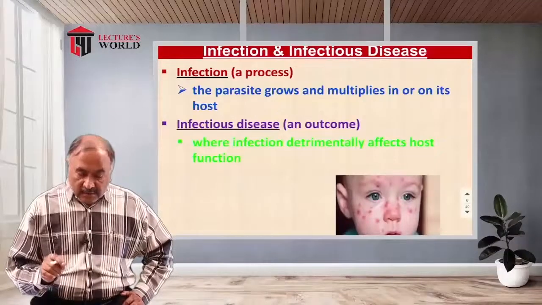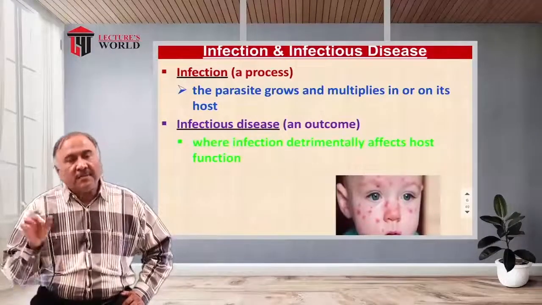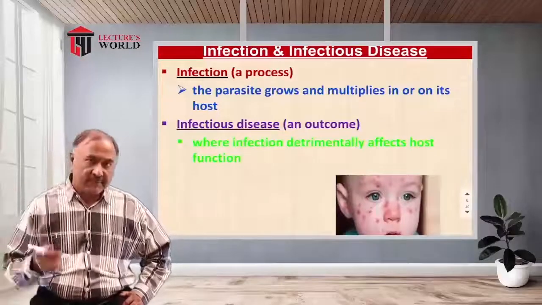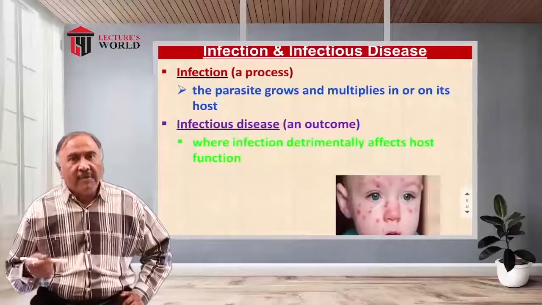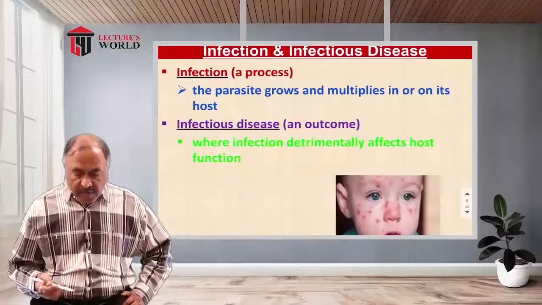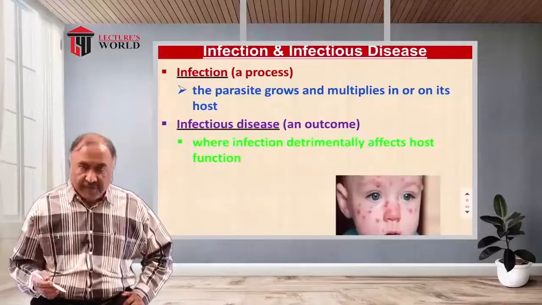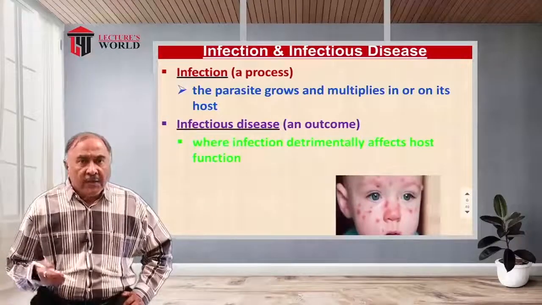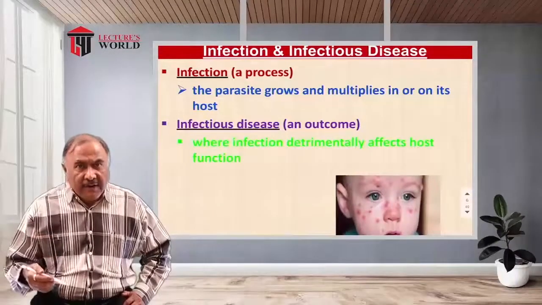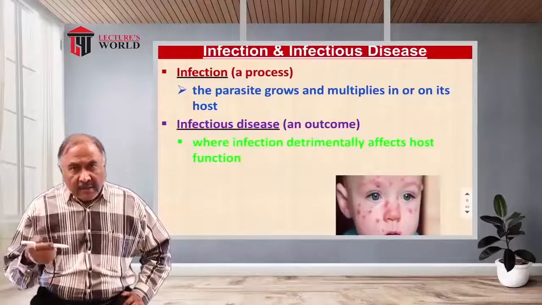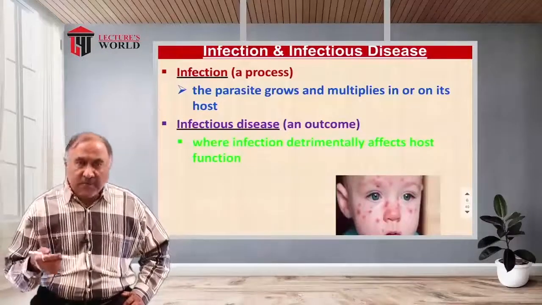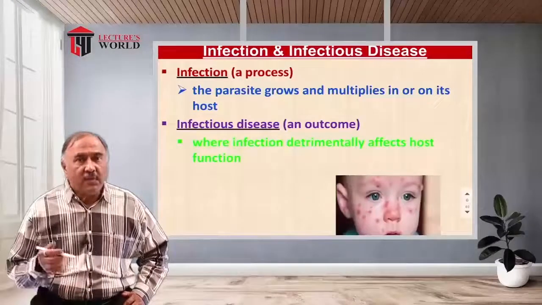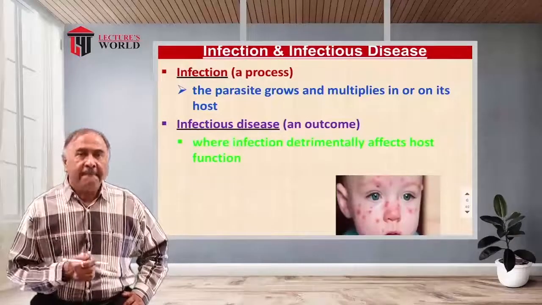And the infectious disease, or simply disease, is an outcome of that process. So what is the outcome? When we use the word disease, it means when the infection, which we just discussed earlier, detrimentally affects the host function or the body part, then that is known as disease.